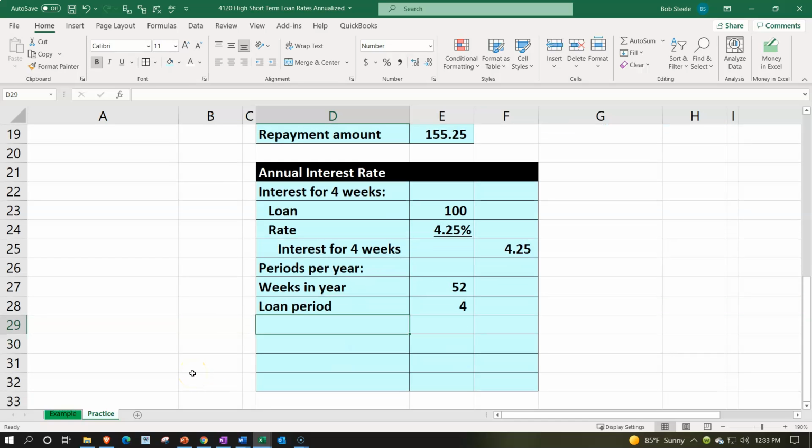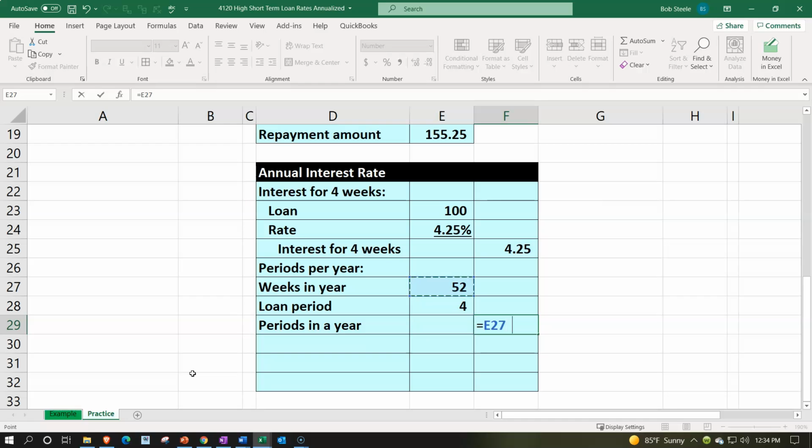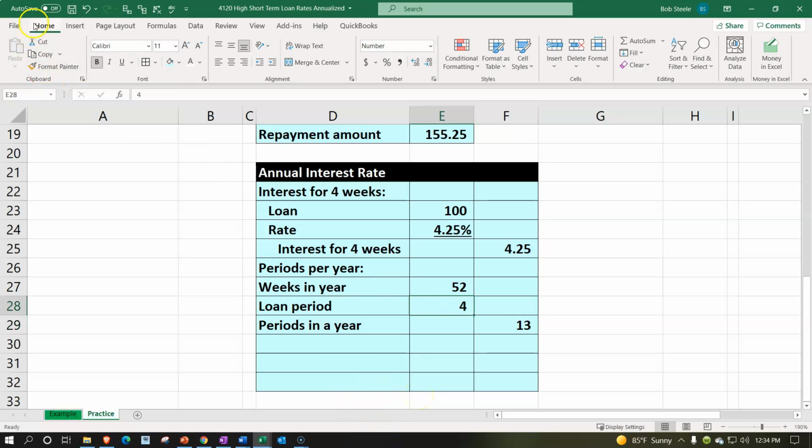So that's going to give us the periods in a year. If we're talking about 4-week time periods, this will equal 52 divided by 4. So that means there'd be 13 of these 4-week time periods in the 52-week year. Let's underline this. Go to the Home tab, Font Group, and underline. Let's indent these by going to the Home tab, Alignment, Indent, and here, Alignment, Indent again.